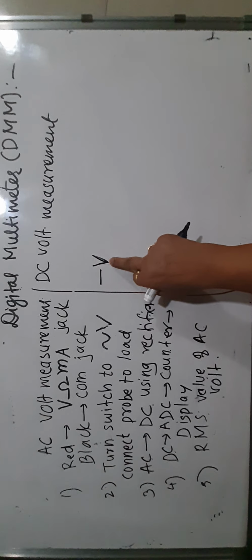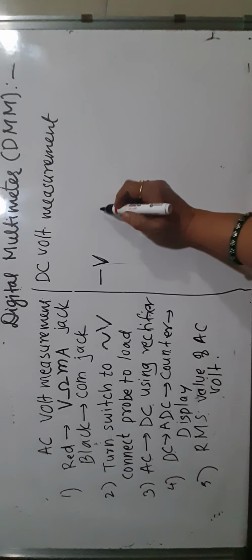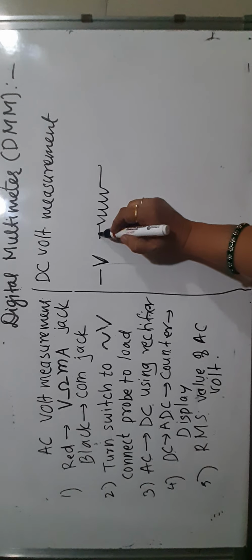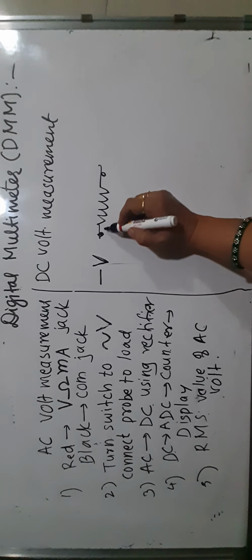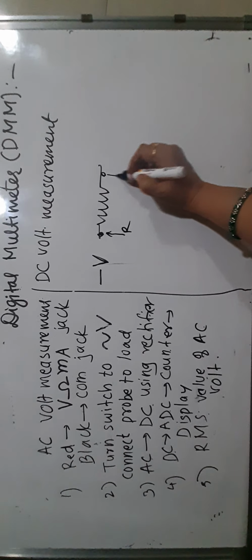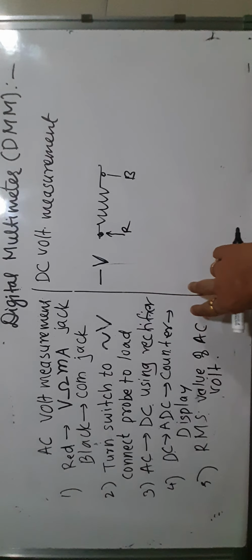So turn the switch to V and connect the probe to the load to be measured. Suppose we want to measure the DC voltage across a resistance, then we have to connect the probes across the resistance, red probe, black probe. Okay, so we can have the voltage.